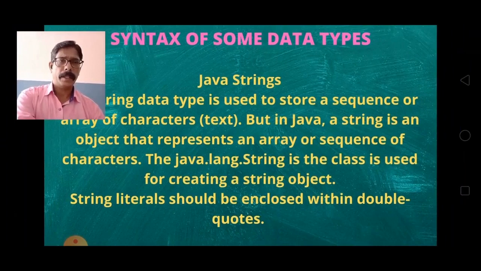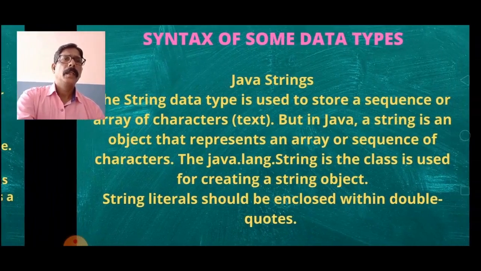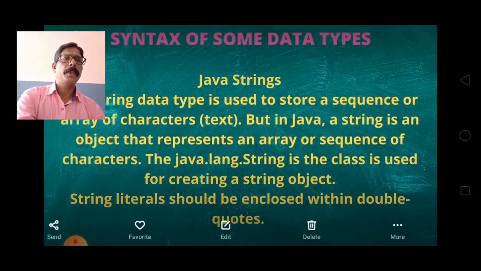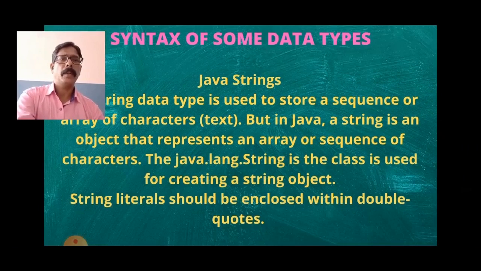Then Java strings. The string data type is used to store a sequence or array of characters or text. In Java, a string is an object that represents an array or sequence of characters.